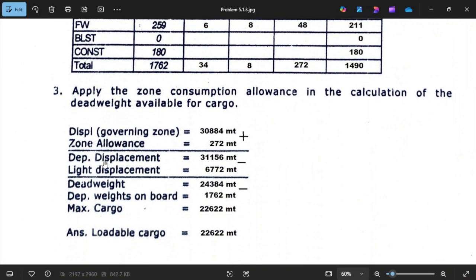So you add this zone allowance, which is 272, to the displacement of the governing zone, which is summer.